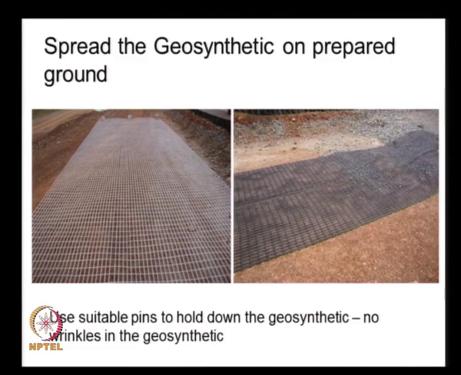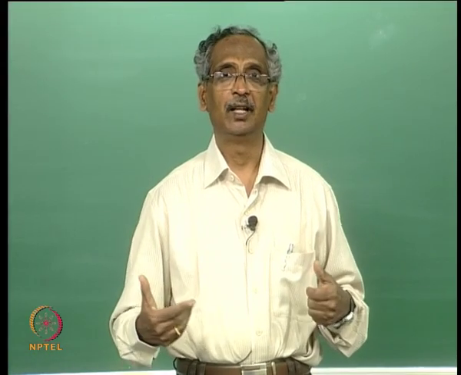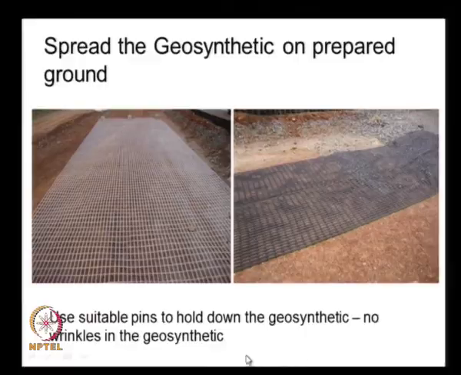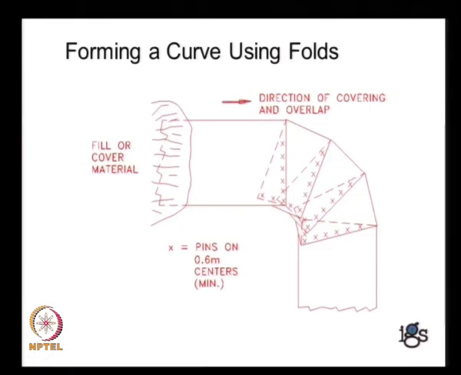Unless some strain is developed in the geosynthetic, it will not be able to mobilize its tensile capacity, and if there are too many wrinkles, you need a very large rut depth to mobilize some tensile force. Okay. So, it is very important that when we install the geosynthetic, there should not be any wrinkles, and it should be tensioned as much as possible and pinned down before we do the actual other part of the construction.